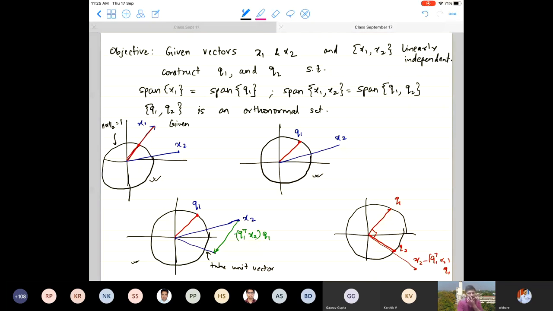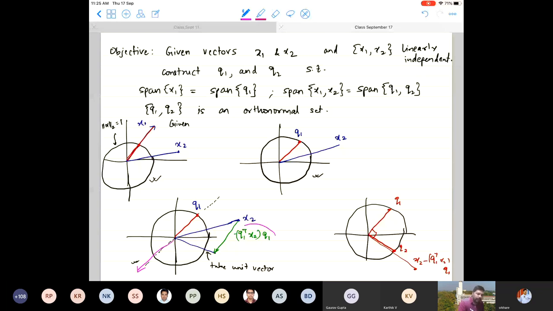This vector is somewhere in this direction. I take the negative of it, so that vector goes down here.